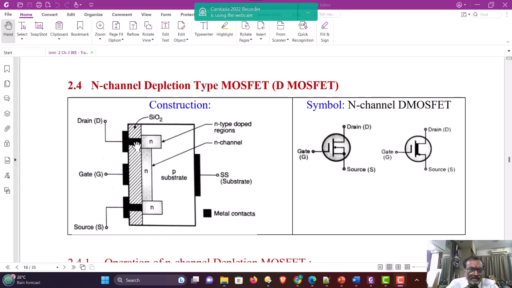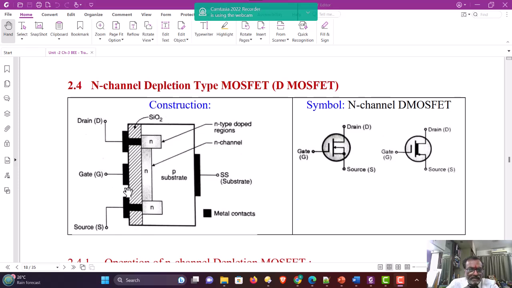The electrical connections are done to it and the terminals are taken out. One terminal is called drain and the other end of the N type of material, the terminal is named as source. Whereas on this N type of material bar, there is a silicon dioxide layer which is an insulator layer.